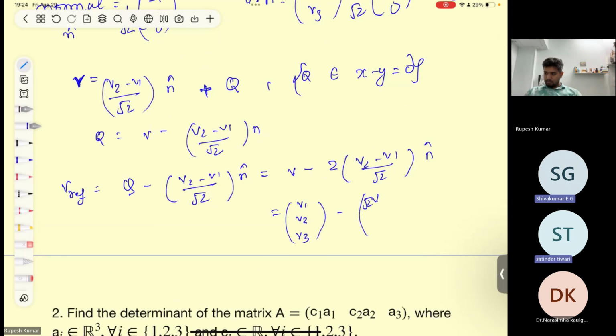How have we got two times of that part? Okay, from this equation, let's say this is your equation 1, I've got the reflection equal to this. Now, the reflected part: do you agree with this equation? Q minus v2 minus v1 by root 2 into n cap.